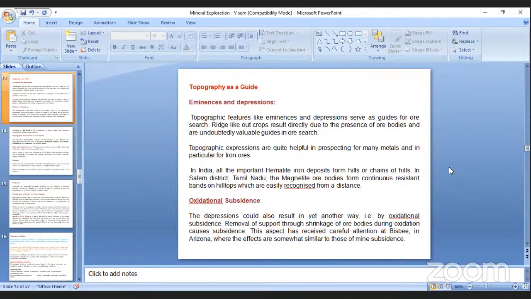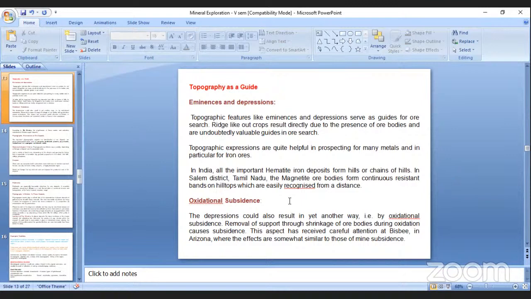Topographical expressions are also quite helpful when we are prospecting different minerals or metals, particularly iron ores. In our area, almost all the important hematite iron deposits form a hill or chains of hills in the Salem district, Tamil Nadu, and the magnetite ore bodies form continuous resistant bands on hilltops, which are easily recognized from a distance.